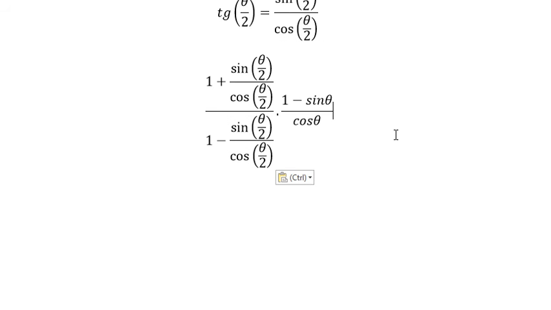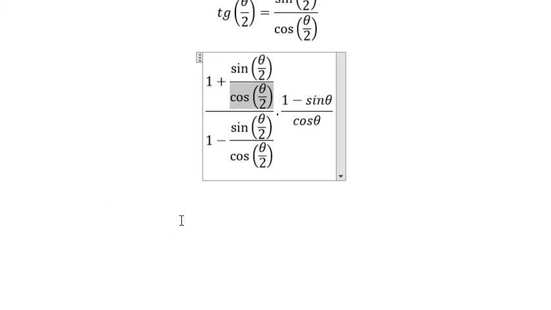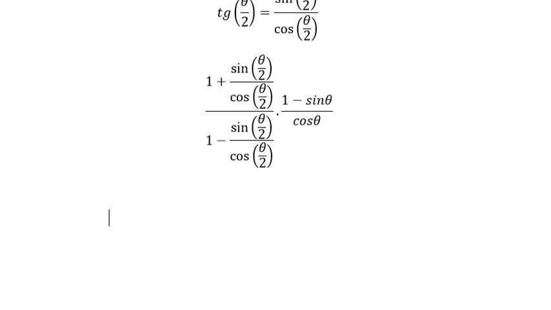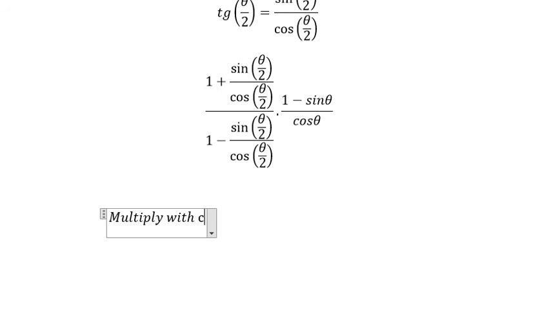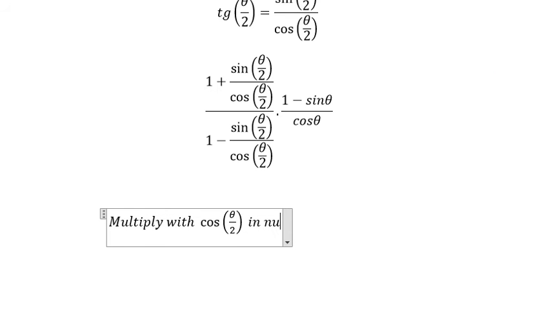Next, we multiply both sides with cosine theta over 2, in numerator and denominator.